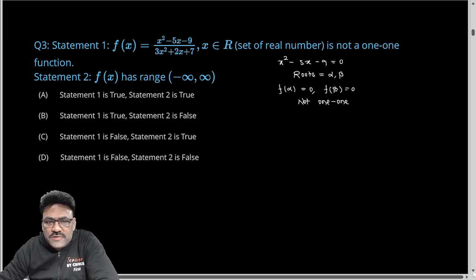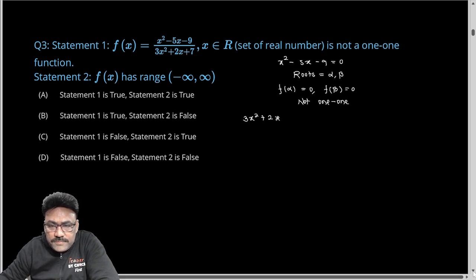Now let's check the second statement. The denominator 3x square plus 2x plus 7 has no real root if I put it equal to 0. That means the denominator is never 0. And since the denominator is never 0, your function f(x) is always finite.